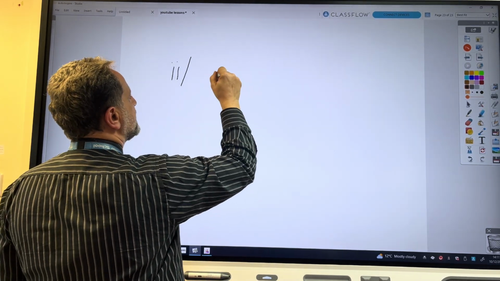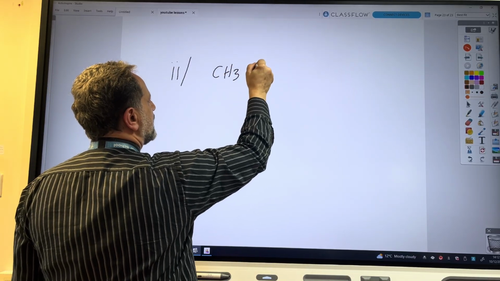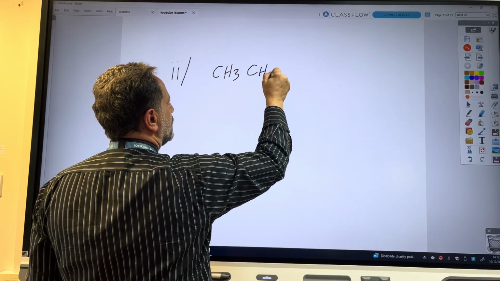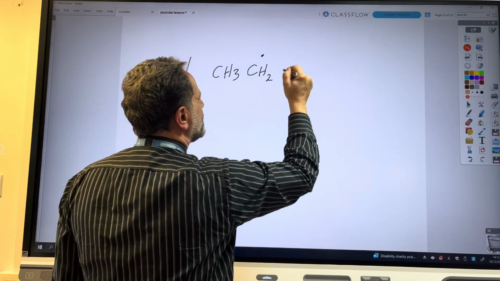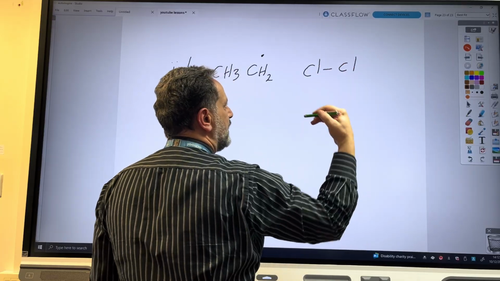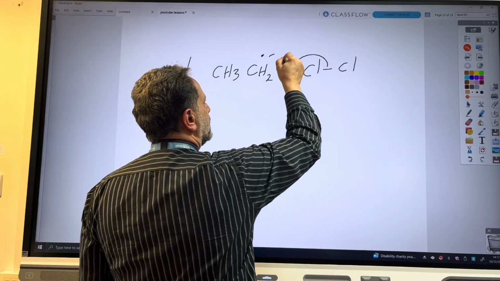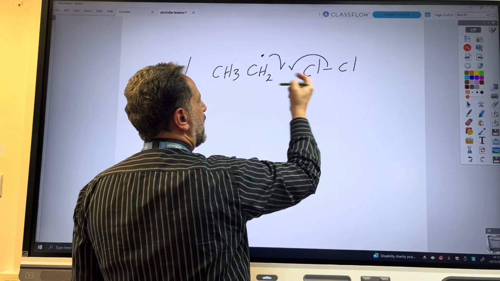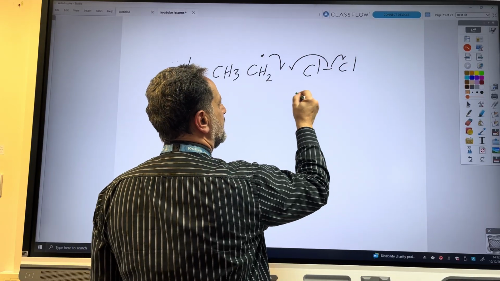So what happens now? In the second stage of propagation, you have CH3CH2 dot on the carbon, right? Now this goes and finds a normal diatomic chlorine molecule in the reaction chamber, and then it reacts with that one. So it's going to pinch that chlorine there, and then the other chlorine turns into a free radical as well.